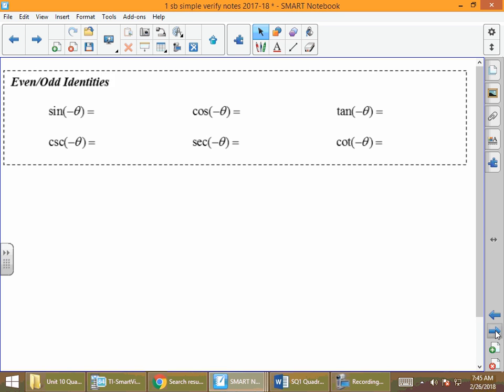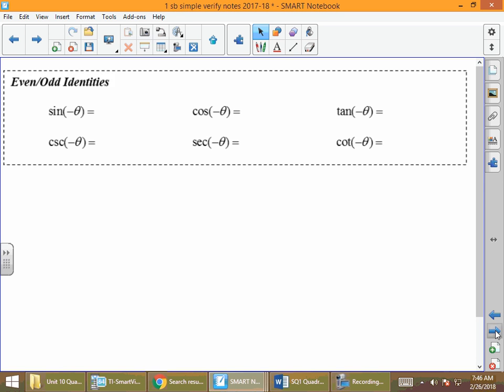We have negative angles in these even and odd identities, and it's just a little rule that we have to know, but I think they will be provided for you if we do need them when it comes to the time of a test, quest, or quiz on these.